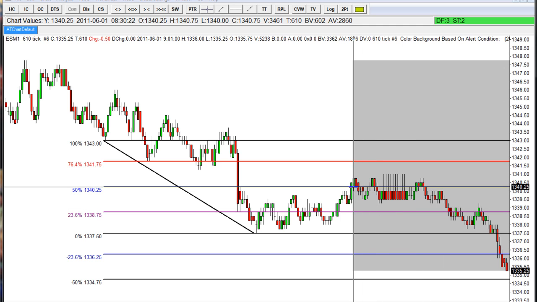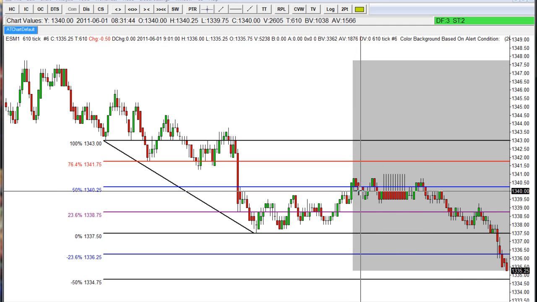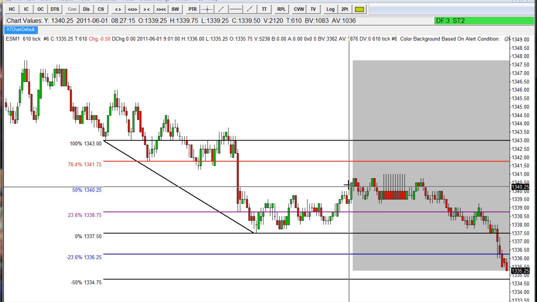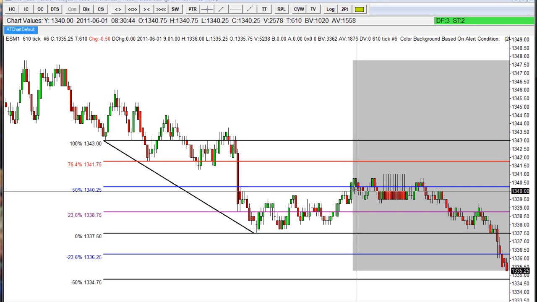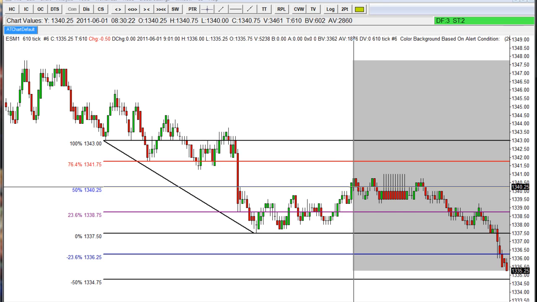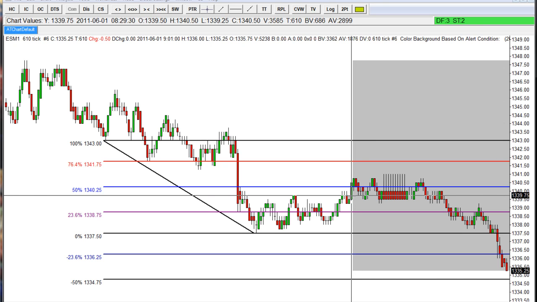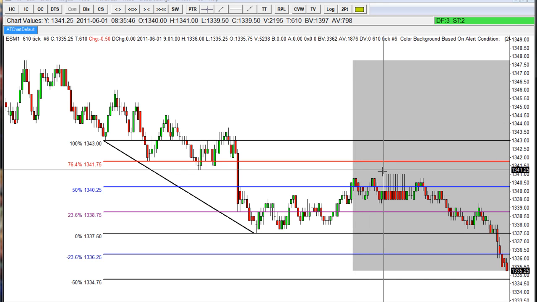Okay, so as you can see, the price opens right at the 50% level. So in this case, if you want to trade this, you can just put your trade right at the 50% level. You would have been filled, or one tick below, which you would have been filled as well with the first bar. And that's how I start my trading.